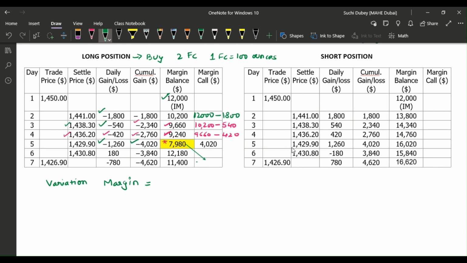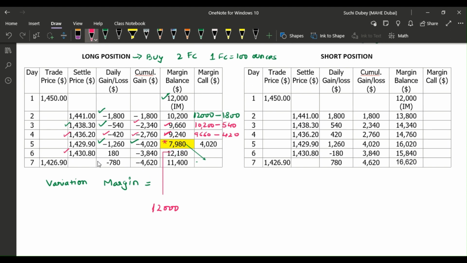The moment you deposit more money, what will happen? If you pay attention to how we got this value, you get this value because you have paid 4020, which means a 12,000 account balance. Plus, something else has happened on the sixth day: there is an increase in price.